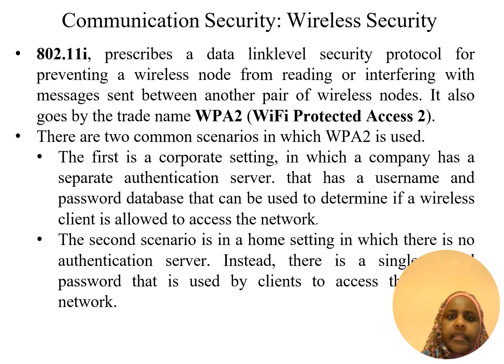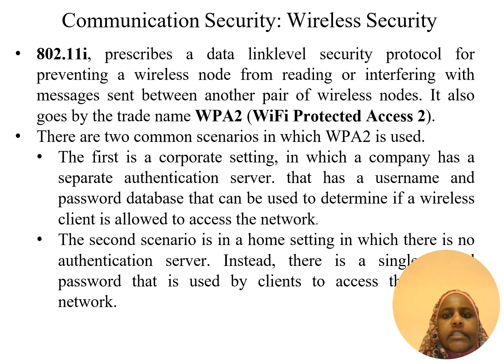So they came up with WPA2, Wi-Fi Protected Access 2. It prescribes a data link level security protocol for preventing wireless nodes from reading or interfering with messages sent between other pairs of wireless nodes. It also goes by the trade name WPA2.